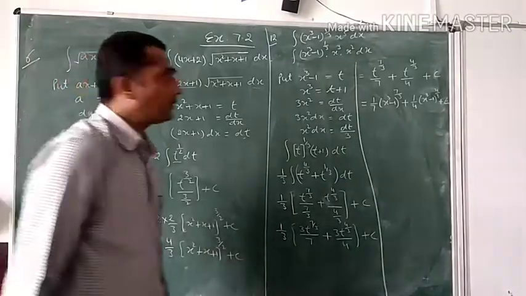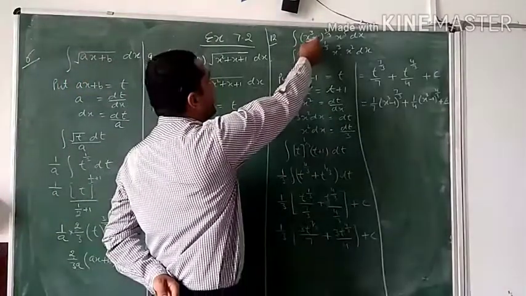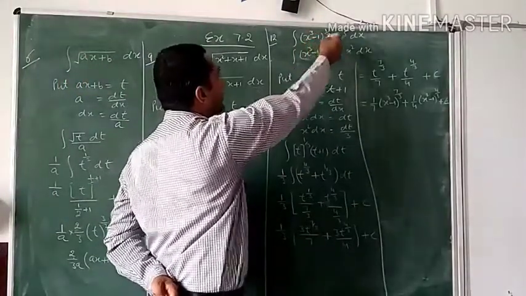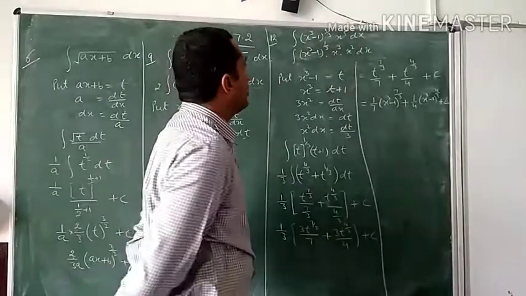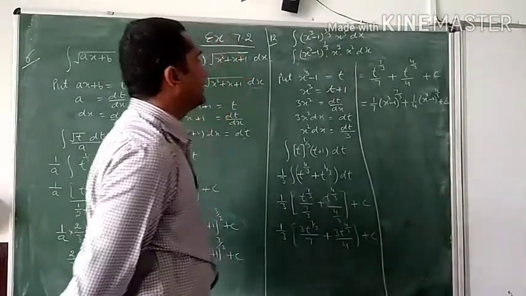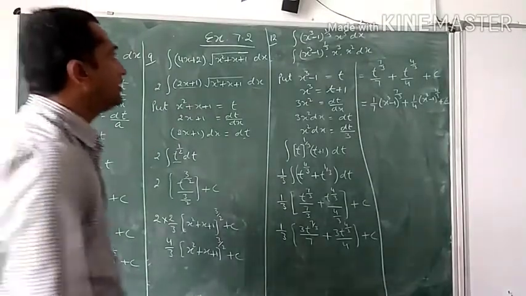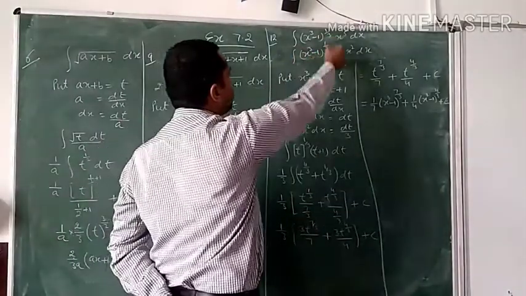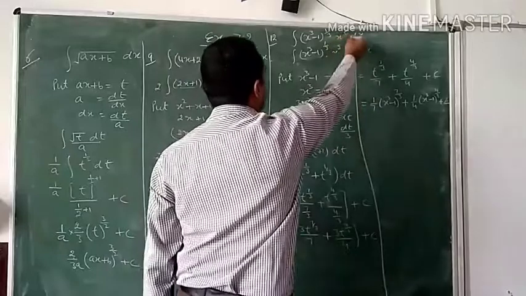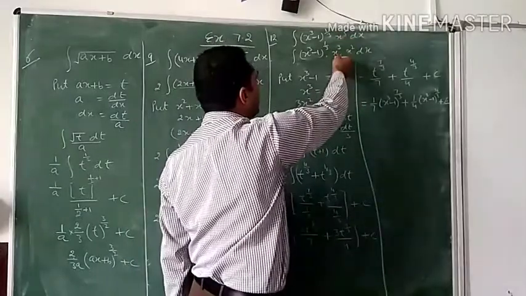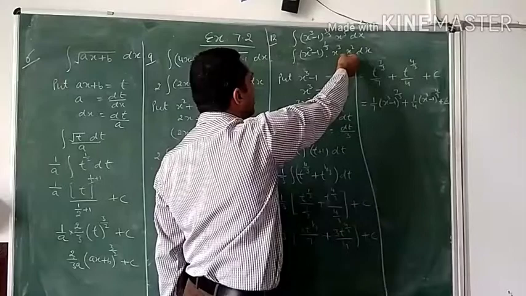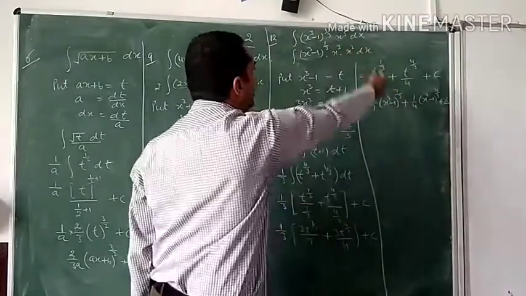Next, question number 12. Integrating (x cube minus 1) raised to power 1 by 3 into x raised to power 5 dx. Now we have to do some arrangement like this: (x cube minus 1) raised to power 1 by 3, and you can write x5 as x cube into x square, into dx.